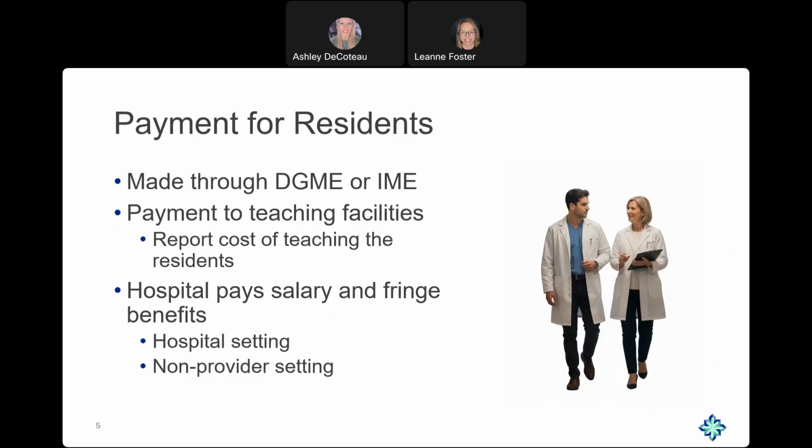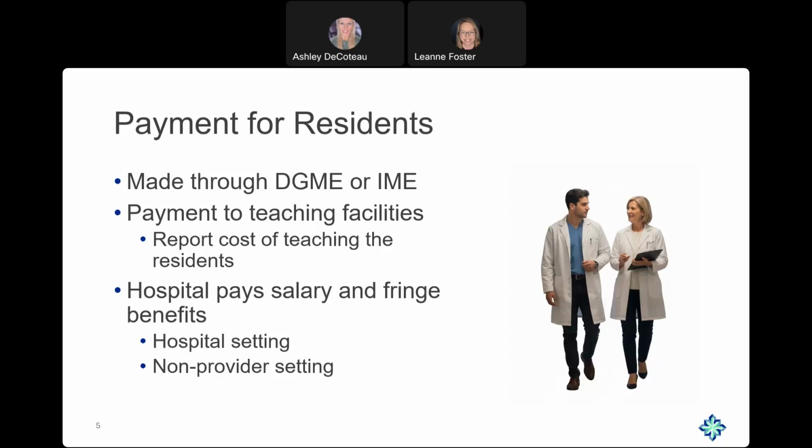Payment for resident services is part of the Direct Graduate Medical Education Program, or DGME, or Indirect Medical Education Program, or IME. Now, services provided in order to teach the resident how to provide medical services is under payment to those teaching facilities, who will report on all of the costs incurred in teaching those residents.